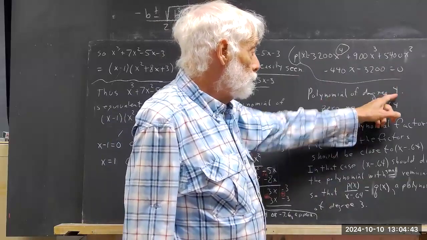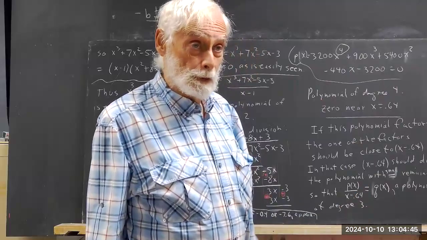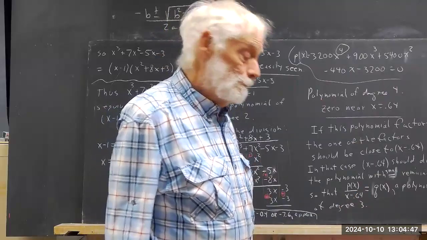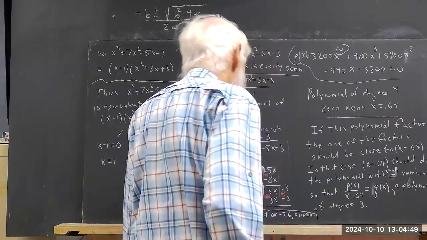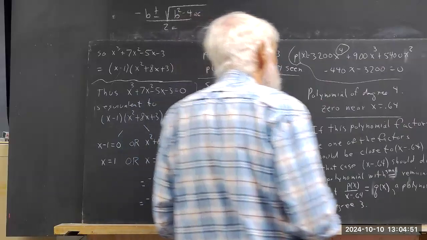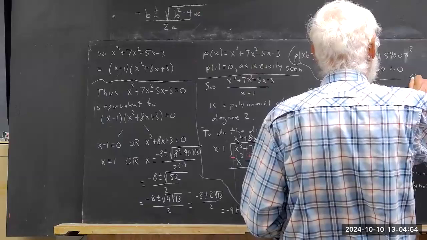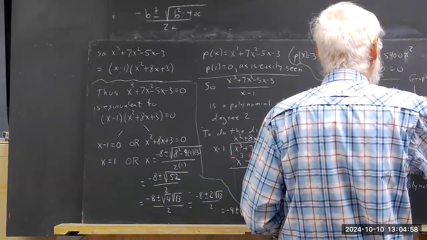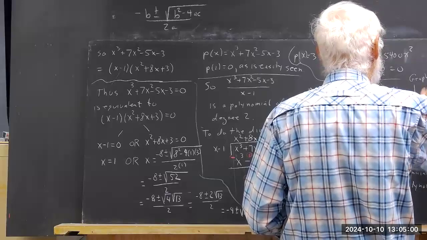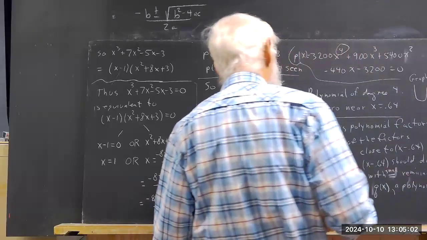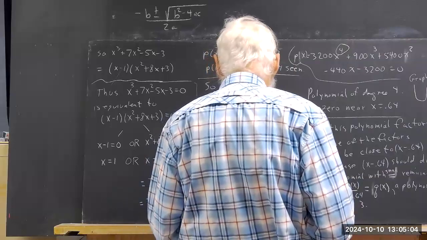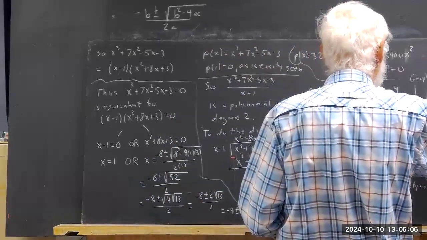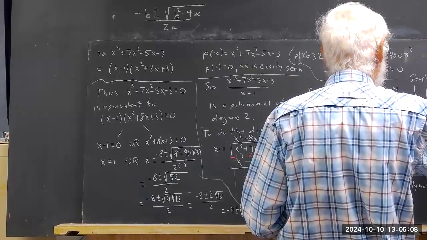This is a polynomial of degree 4. What's its graph look like? Graph is going to look something like this. Maybe with some wiggles.